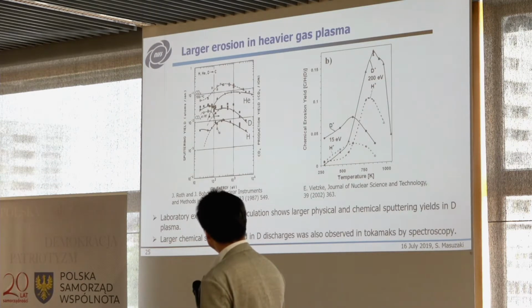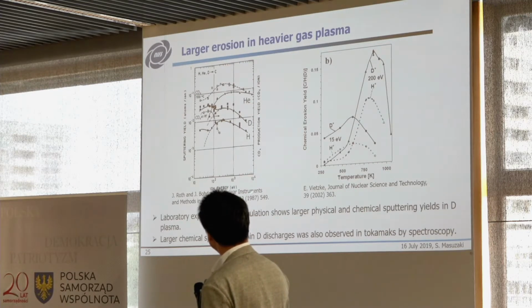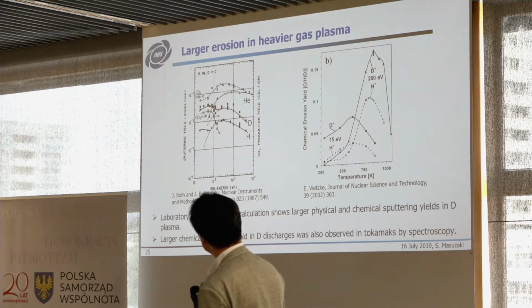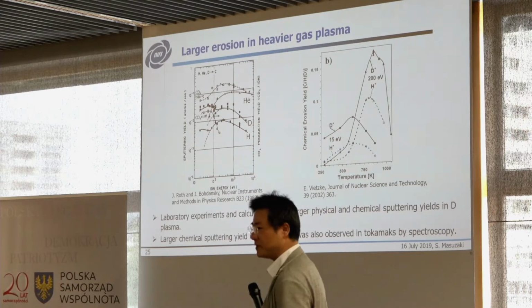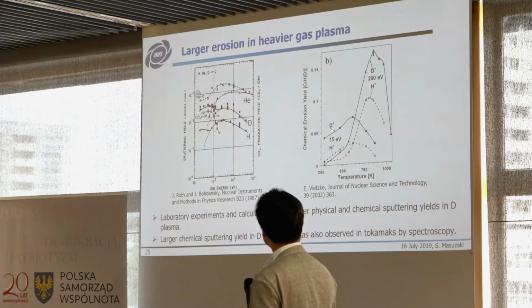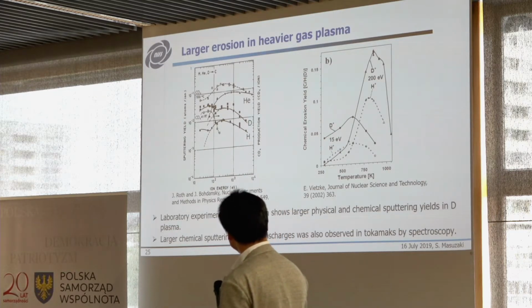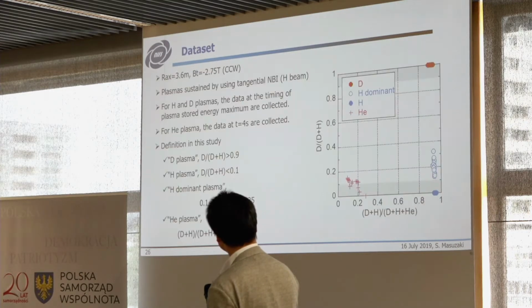This is the physical sputtering rate of hydrogen, deuterium, and helium. As the mass becomes larger, the sputtering yield becomes larger. The chemical sputtering also has mass dependence. So larger mass species cause larger chemical erosion.